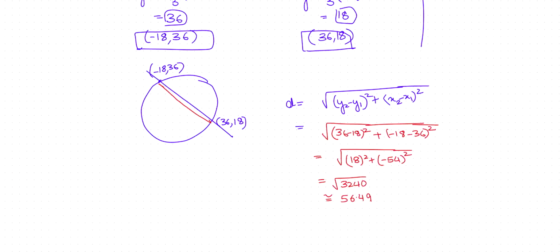When we substitute the values in y2 minus y1 squared plus x2 minus x1 squared, we get 56.49. So that's the distance in miles of the highway where cars are able to receive the broadcast signal.